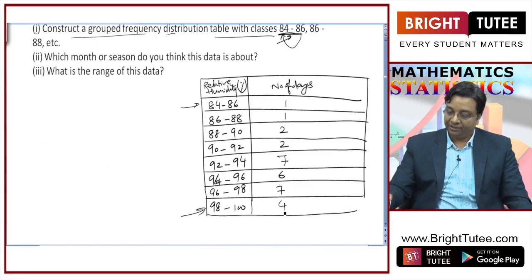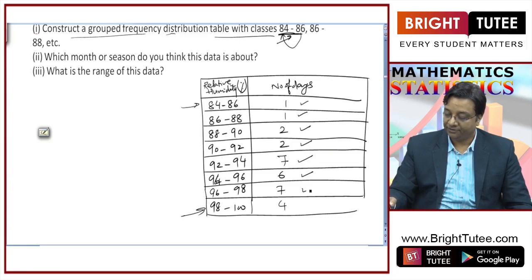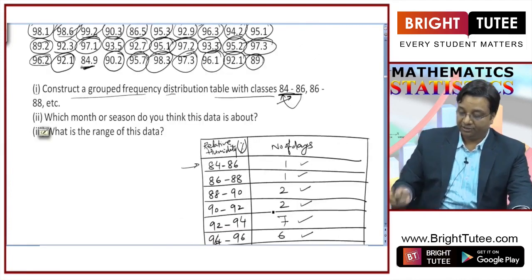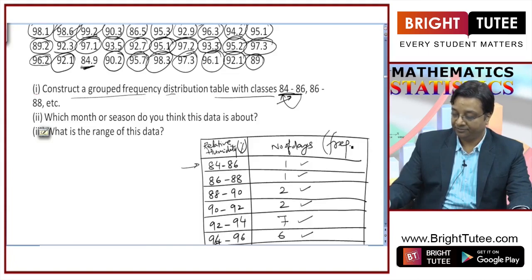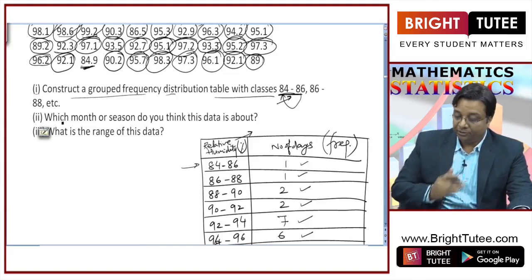Okay, so how many days in total were under observation? 1, 2, 4, 6, 13, 19, 26, 30. So total 30 days. Now this is the grouped frequency distribution table, where this is the frequency and these are the data points. Okay, so this is the grouped frequency distribution table with these classes.